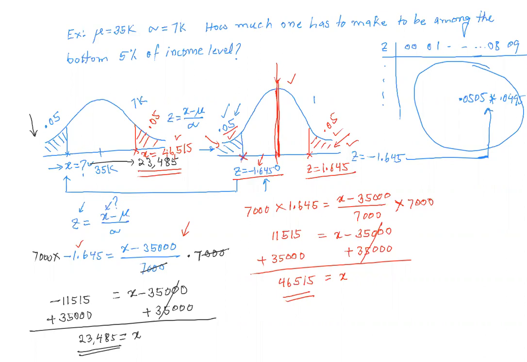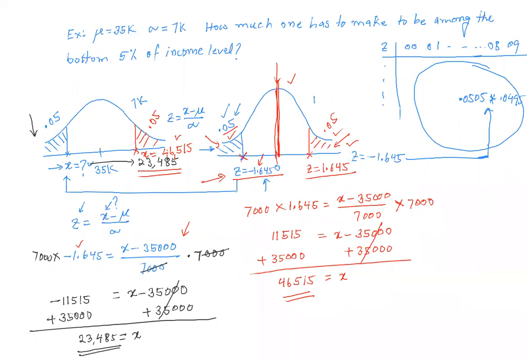I understand how one side is the same as the other, but I don't see the math for 1.645. You know how I got negative 1.645, right? No, that's the part I don't get. Oh, you have to look it up in the table.